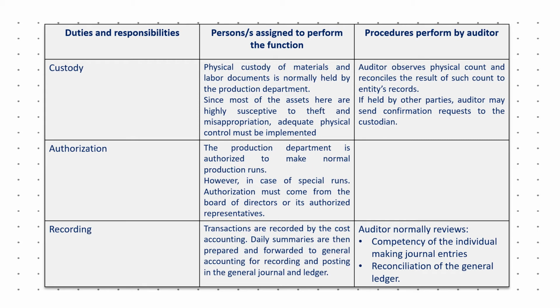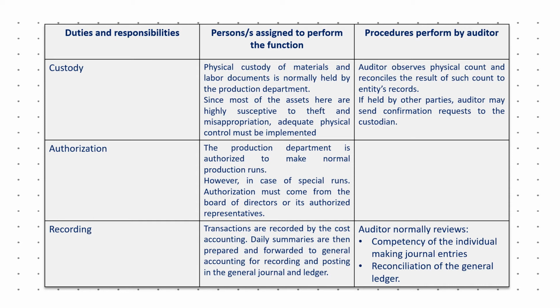So the auditor reviews production orders and related supporting documents for production runs made by the department to determine whether it bears necessary authorization. So, i-check ni auditor yung supporting documents.